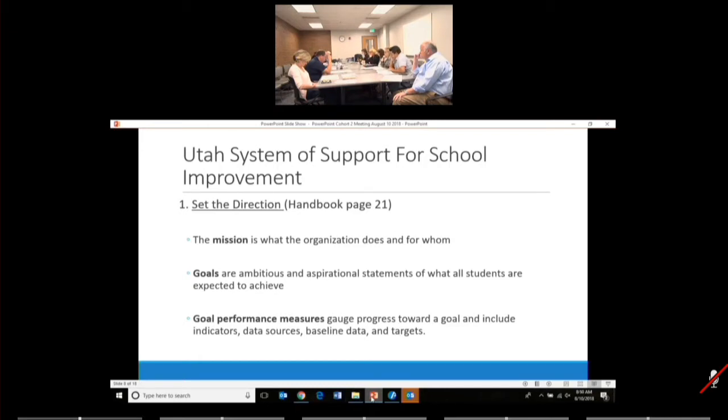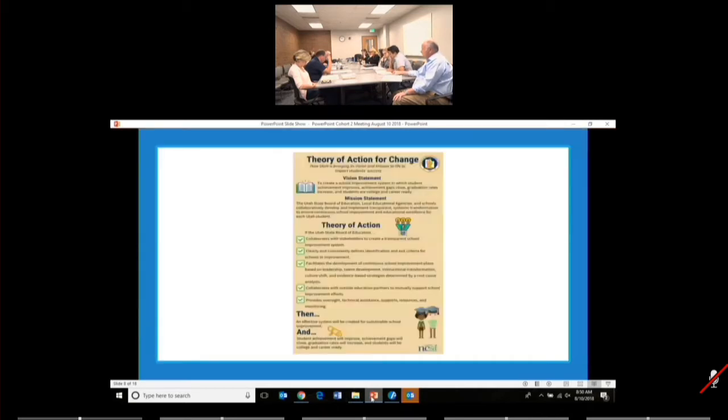If you look in there, we actually started out with a theory of action for change. We knew there were things that we had to do differently.